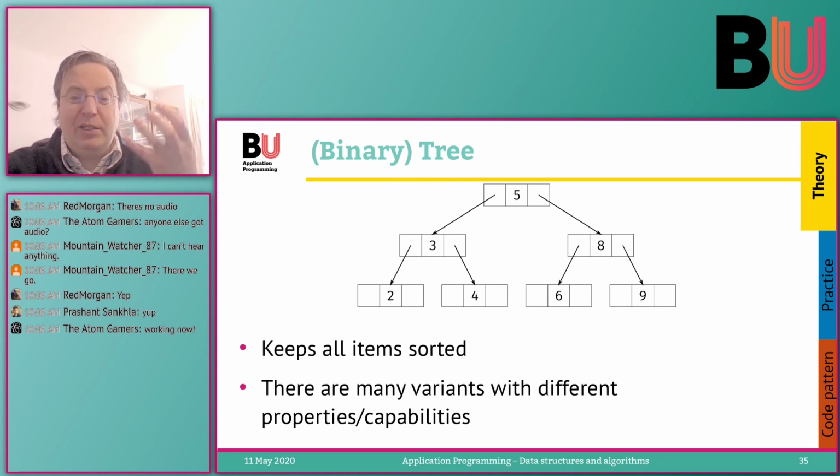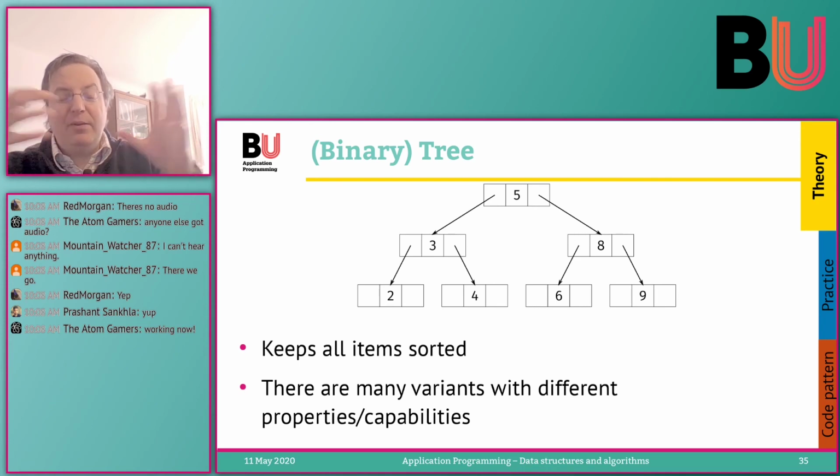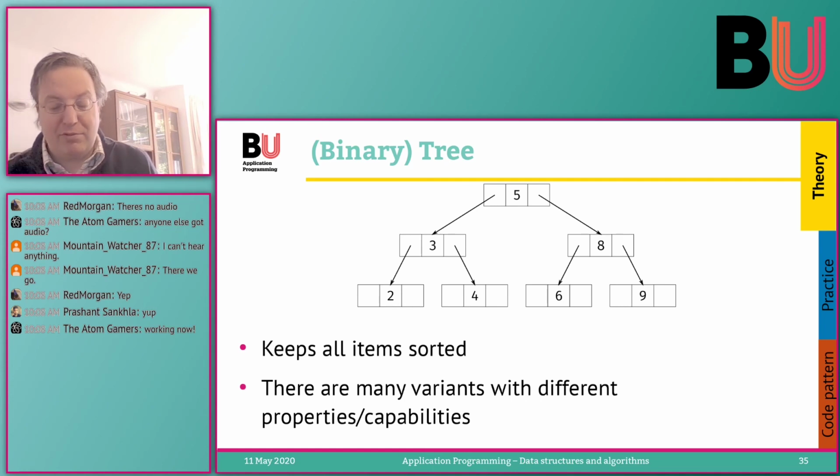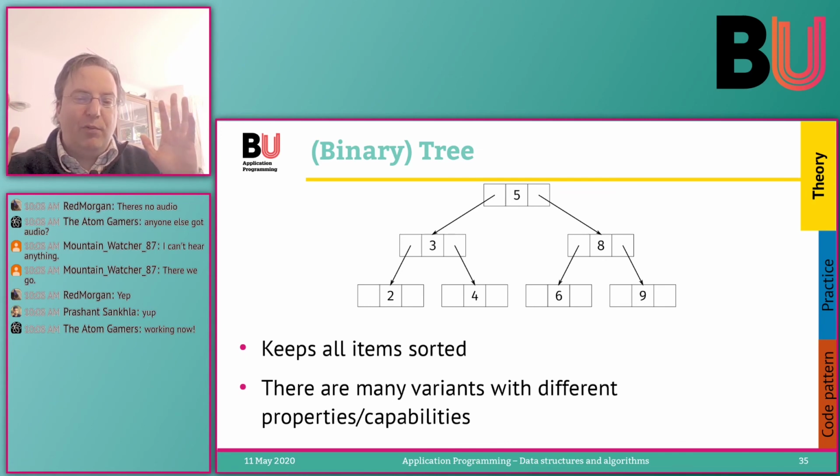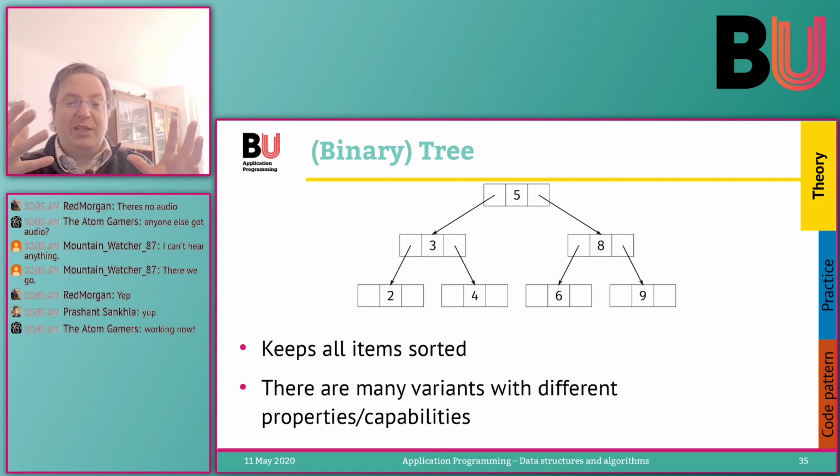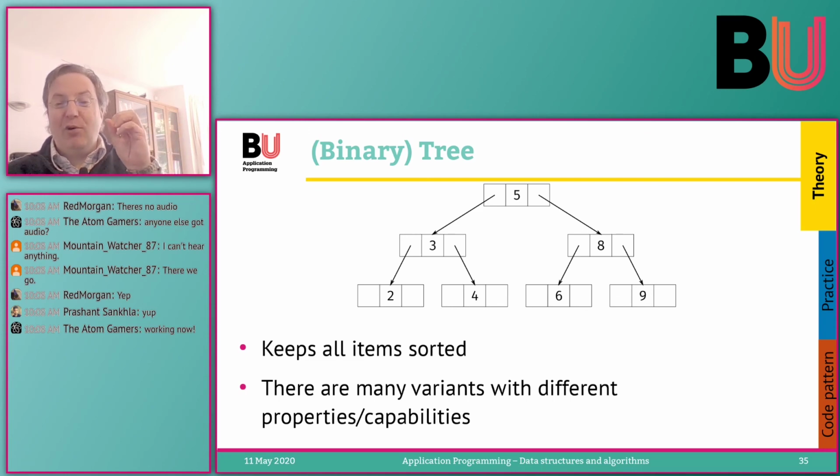And then the final one is binary tree, which is actually a sorted data structure. It automatically sorts, and there's many variants of a binary tree. I could do a whole series of lectures on trees only, but what this binary tree does, it is basically maintains sorted data, so sorted in the natural order of the elements, not in the order in which you added things to the collection.